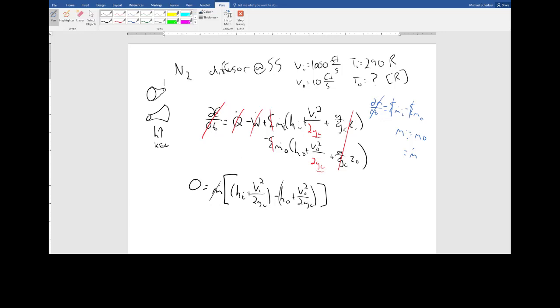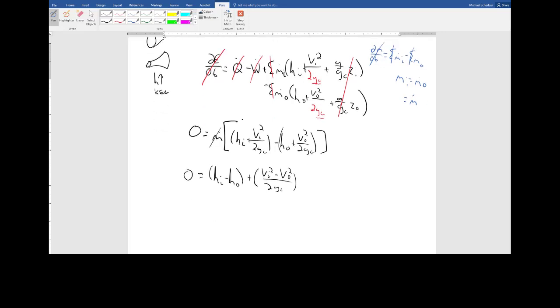We could rearrange this, maybe make it even a little bit cleaner to see: h_in minus h_out plus (V_in squared minus V_out squared) over 2gc is equal to 0. You would get the same equation for a nozzle.